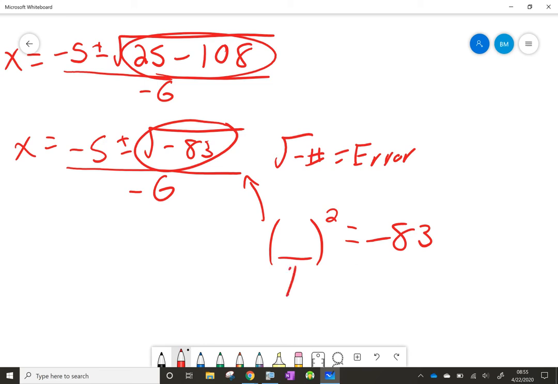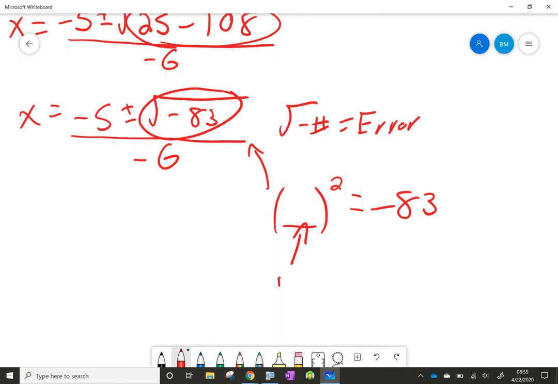Because if you square a number, that means you're taking some number and multiplying it by itself. So if that number was positive, a positive number times a positive number would equal a positive number still. If that number was a negative number, then a negative number times itself, a negative times a negative, would still become a positive number.